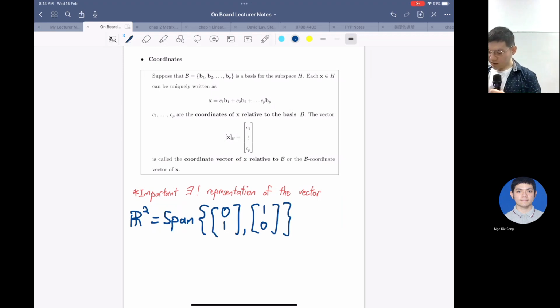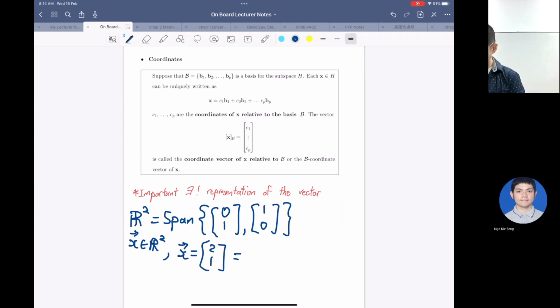So every element in R2 can be uniquely written as a linear combination of the basis vectors. For example, if we take x equal to (2, 1), then you can write it as 2 times the second basis vector plus 1 times the first basis vector.